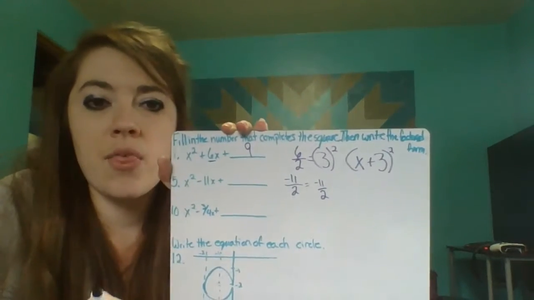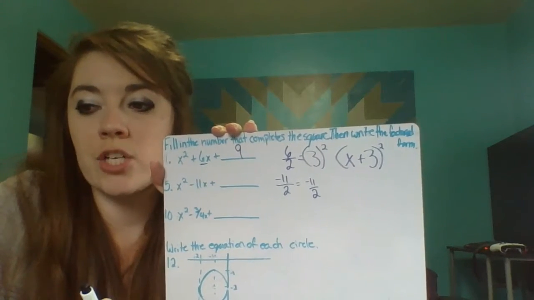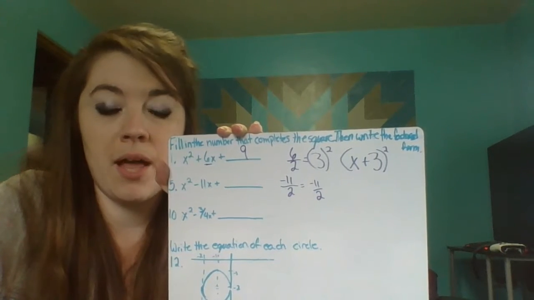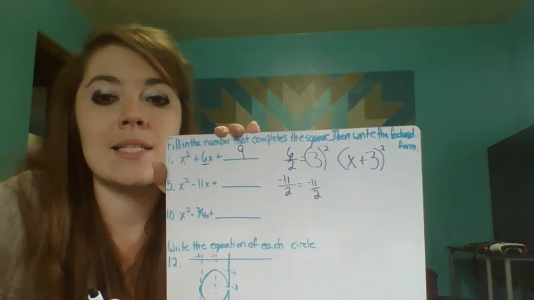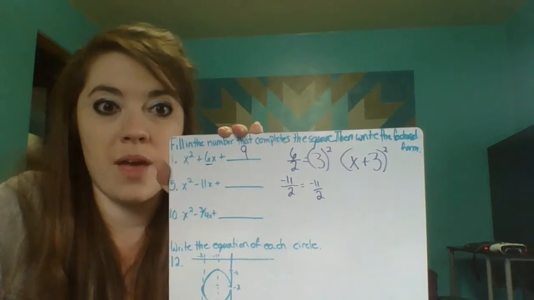So that's the thing with these. I don't want to see decimals. It specifically says in the directions, leave the number that completes the square as a fraction. So if you write a decimal, I'm going to mark you wrong because it specifically says leave it as a fraction. So make sure you do that.